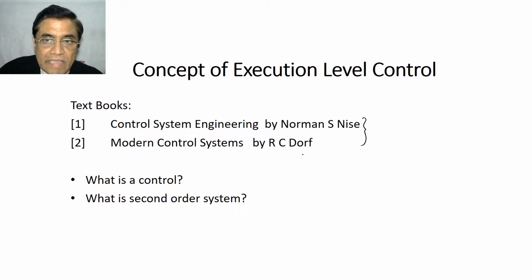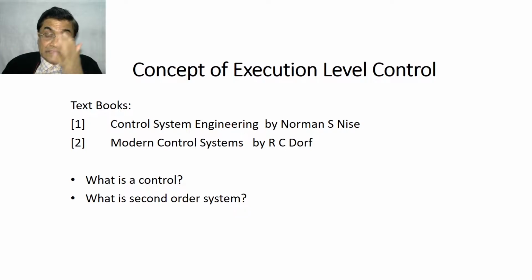But here we'll be describing the execution level control very briefly, to the extent which is required for robotics applications. So let us start from the very basics: what is a control?